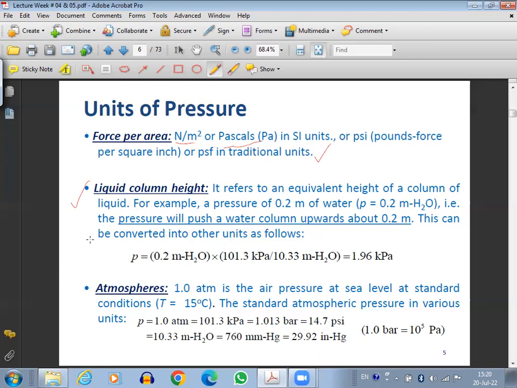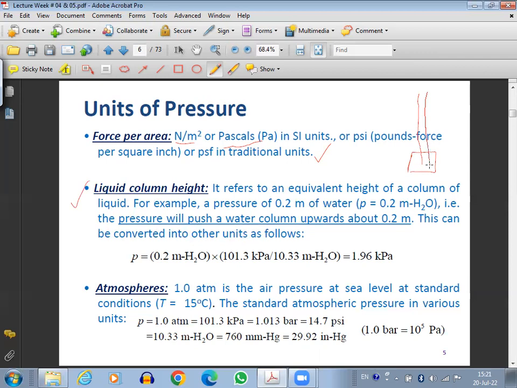In simple terms, how do we define it? Let's say this is the surface over which the pressure will be applied. If I have to apply a specific pressure over this surface, what should be the height of the liquid column?